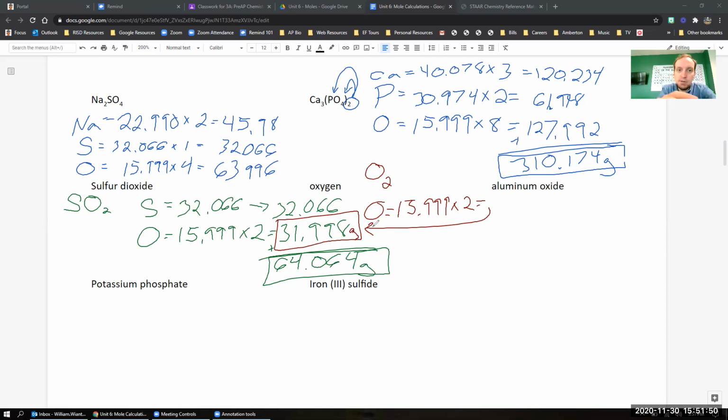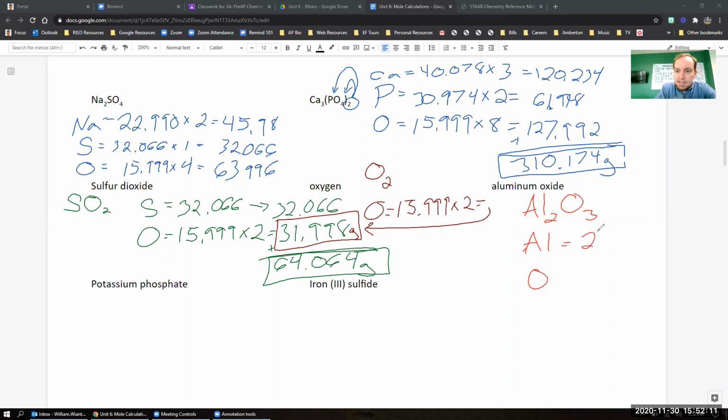The next one is aluminum oxide. Aluminum oxide would be Al. Oxide has a -2. Aluminum has a +3. So that'd be a 3 there, and that'd be a 2 there. Al2O3 is aluminum oxide. Now that we know that, we have aluminum and we have oxygen.